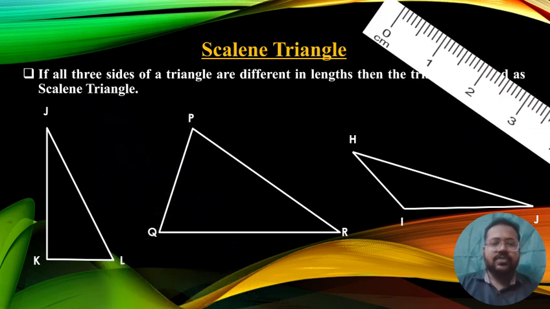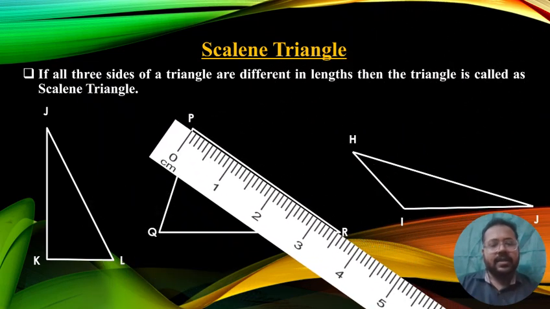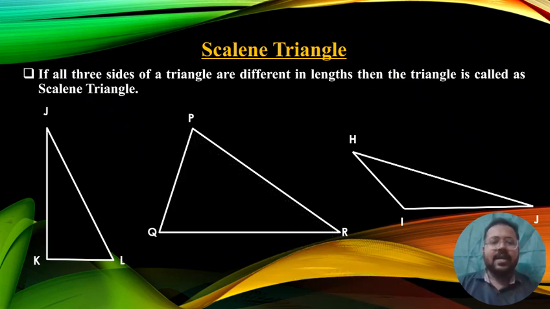The length of side PR is 3.5 centimeters. And hence, as you can see, all the three lengths of triangle PQR are different, and we can conclude that it is a scalene triangle. The same scenario follows with the remaining two triangles.